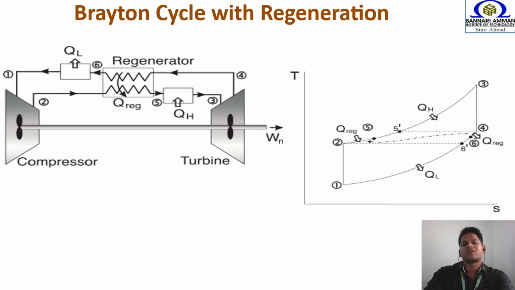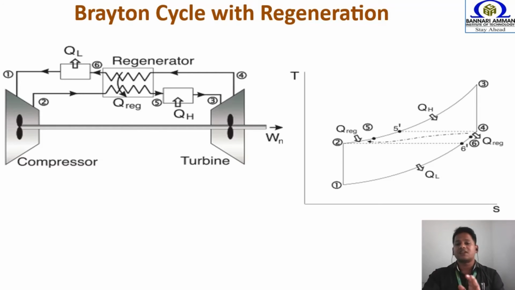Now, if you pass this expanded gas through the regenerator, we recover as much as possible of the heat energy available in the expanded gas. So what happened? The heat loss dumped into the atmosphere is reduced, and the heat input to be given to the combustion chamber is also reduced.